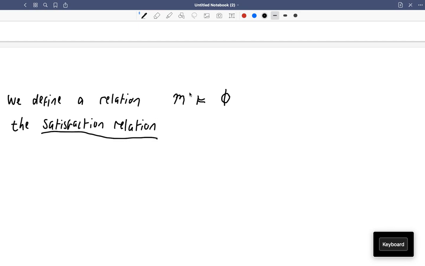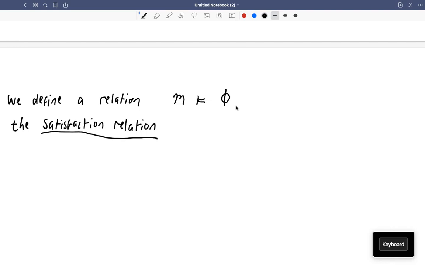In order to define it, ultimately what we're going to be interested in is the case in which phi is a sentence, in which case this relation will either be true, meaning that phi is true in the structure, or false, meaning that phi is false in the structure. But in order to define the relation for sentences, it will prove necessary to define the relation also for formulas that do have free variables.